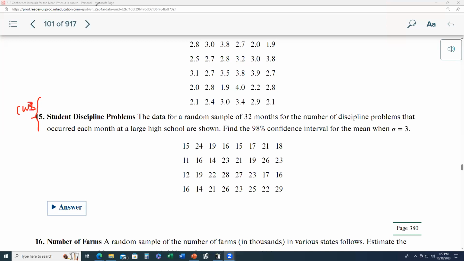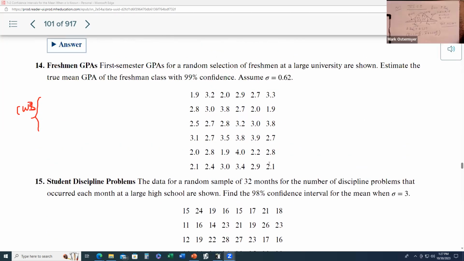I have a question. Okay, go ahead. Could you scroll back up to classwork number 2? I want to write down the problem.